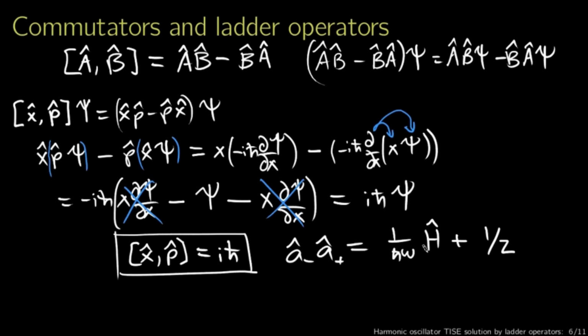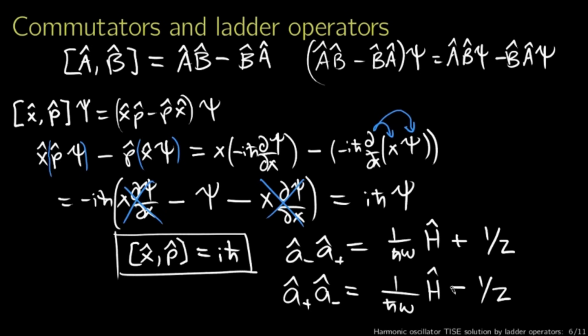So while we did not succeed in fully factoring the Hamiltonian, we did get the Hamiltonian back, plus a constant. And if you reverse the order and repeat the algebra, a hat plus a hat minus, you end up with the same sort of thing. It looks very similar. You get 1 over h bar omega times the Hamiltonian minus a half instead.